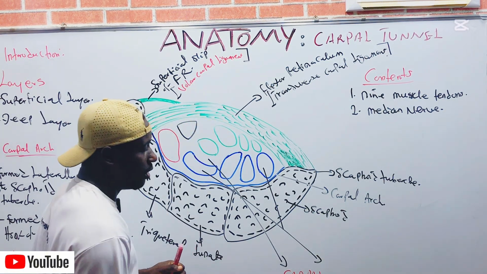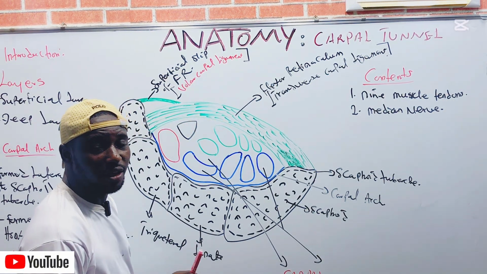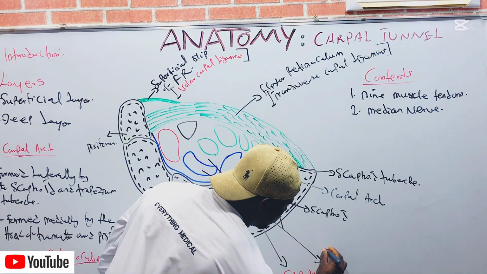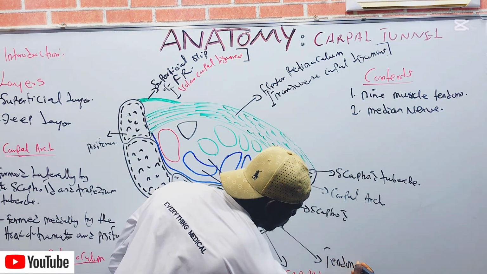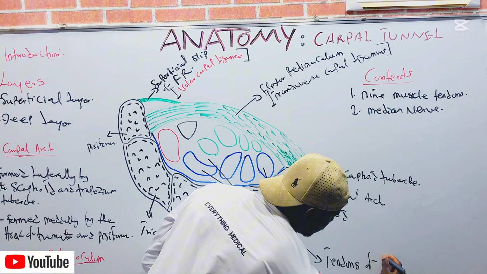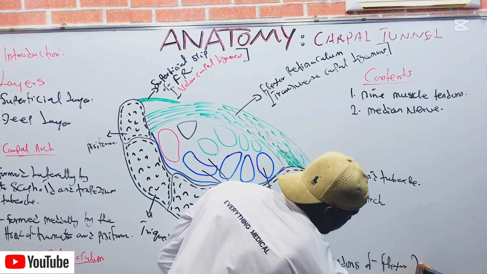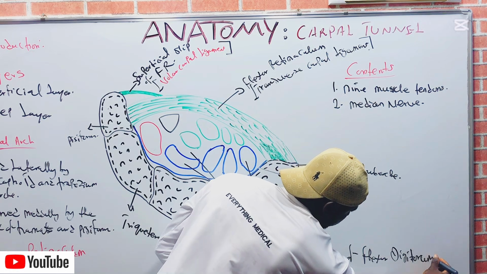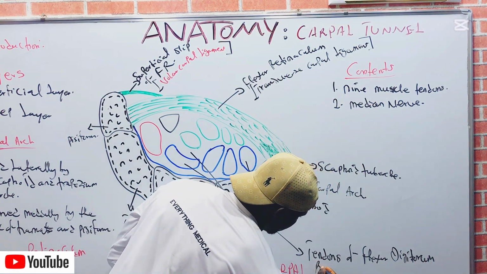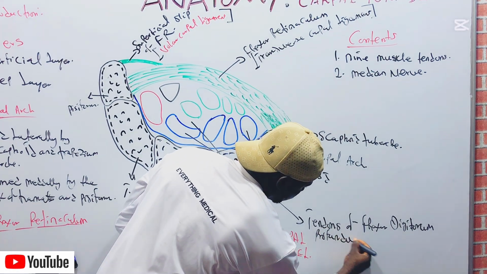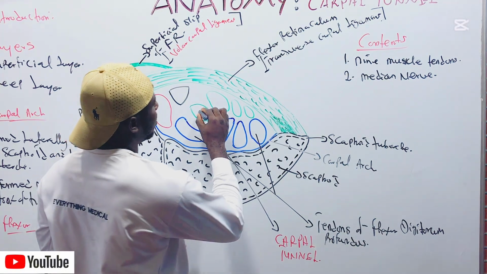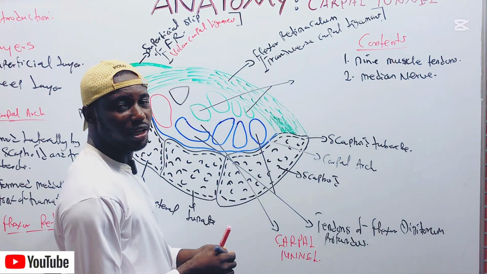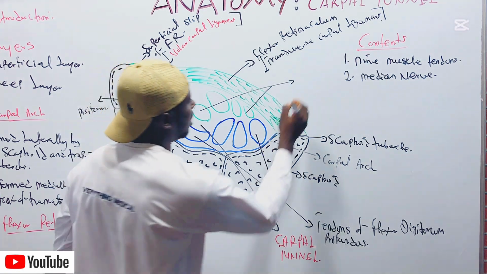Now watch. This is the tendon of the flexor digitorum profundus, while this is the tendon of the flexor digitorum superficialis.